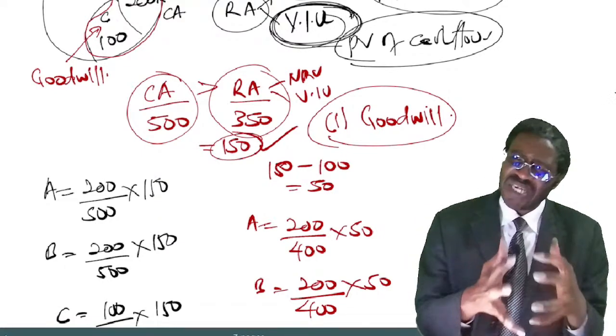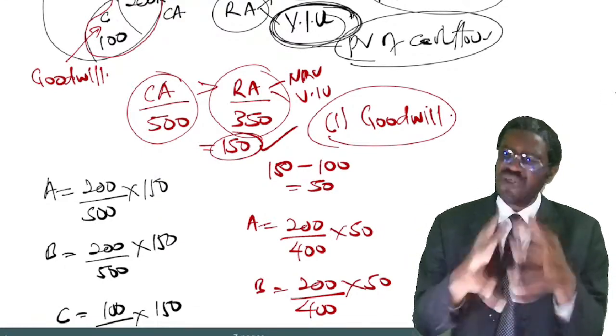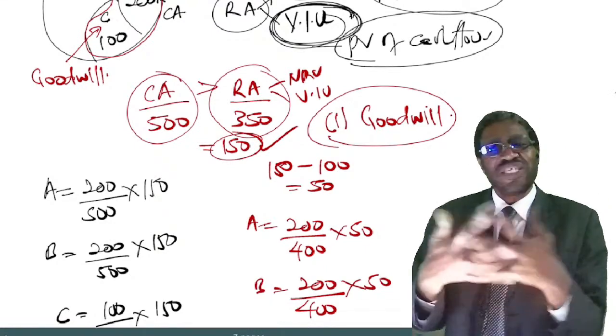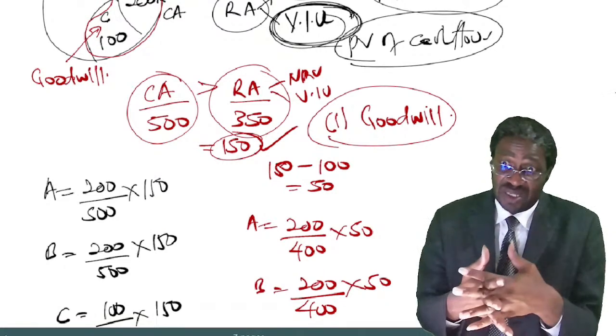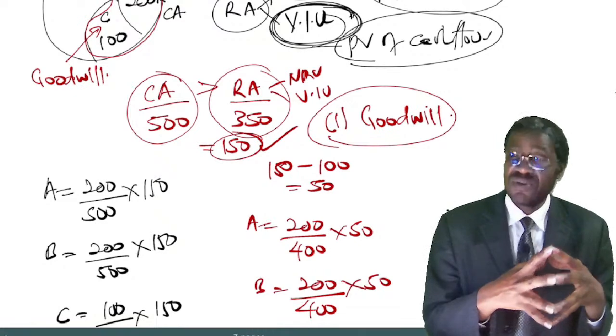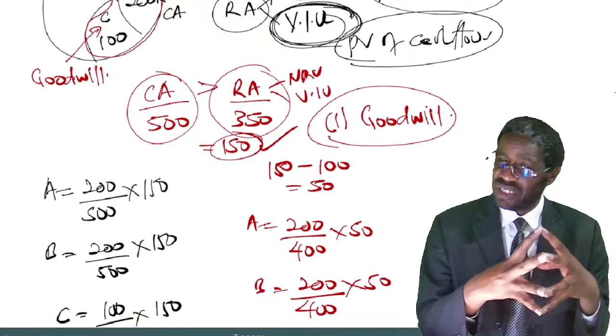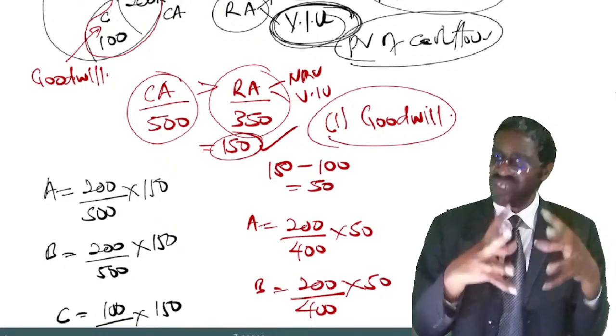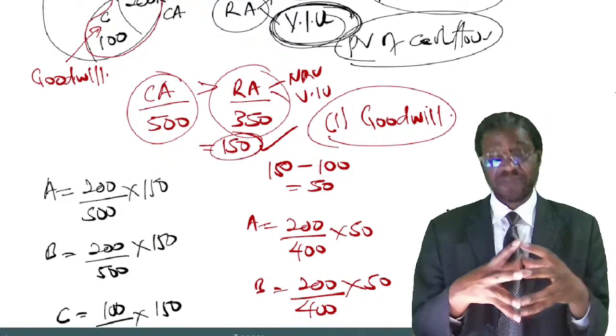So if this plant has been destroyed beyond further use, then it's no longer an asset because it doesn't meet the definition of an asset. So that was one of the challenges. That same challenge was tested in the paper of November 2020 that we did in the normal class.